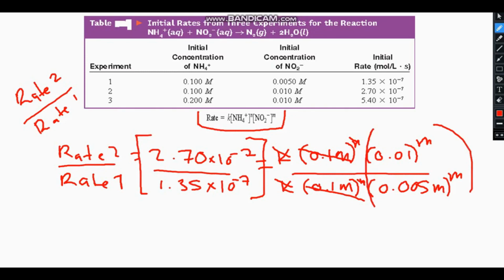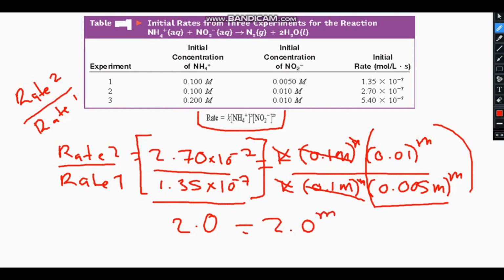So if you divide the values which we have here, 2.7 times 10 to the power negative 7 divided by 1.35 times 10 to the power negative 7, you'll find that this will give you a value of 2.0. Then if you divide 0.01 by 0.005, it will also give you 2.0. This will be to the power m.